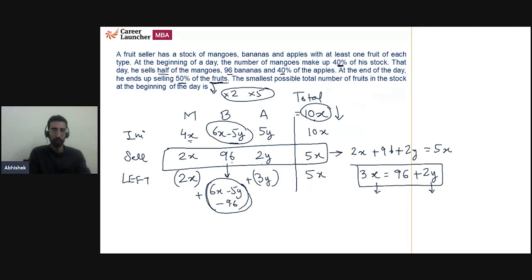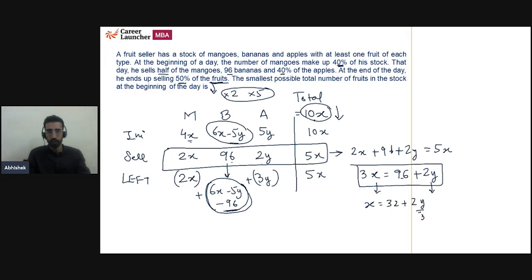You'll be left with something. 6x minus 5y minus 96 ought to be greater than or equal to 0. In fact, probably greater than 0. So that's what you have here. If I'm trying to minimize 2y, if I just divide by 3, can I just write the equation as x is equal to 96 by 3, 32 plus 2y?